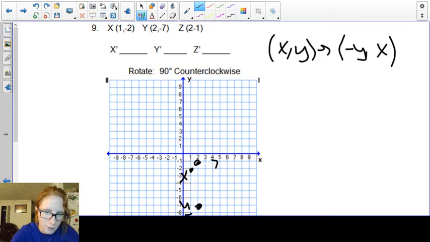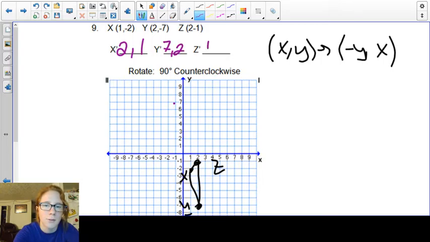So he's a funny looking triangle. He's very close together. Okay, so for my changed points, I'm going to have the opposite Y value, so 2, with the same X, which is 1. So 7, 2, and 1, 2. So we have 2, 1, 7, 2, and 1, 2.